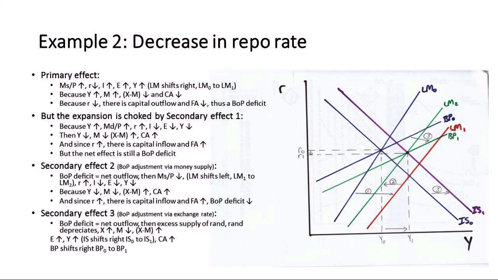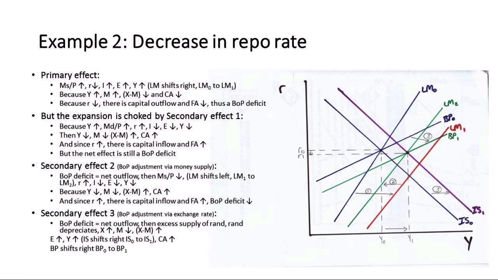Then the final adjustment occurs because there's still a balance of payments deficit. That means there's still a net outflow of capital. It implies that there's an excess supply of rand. The rand then depreciates, increasing exports and reducing imports. And that means, again, you improve the current account of the balance of payments. Now, exports and imports are components of aggregate spending.